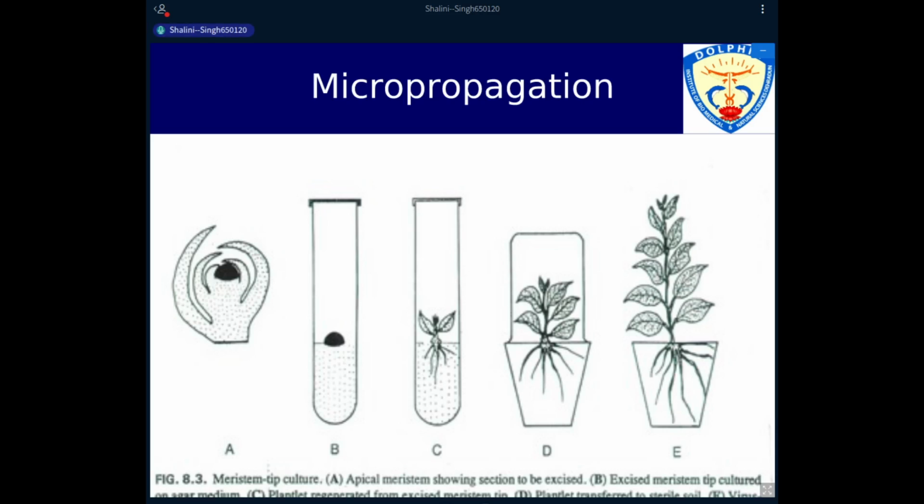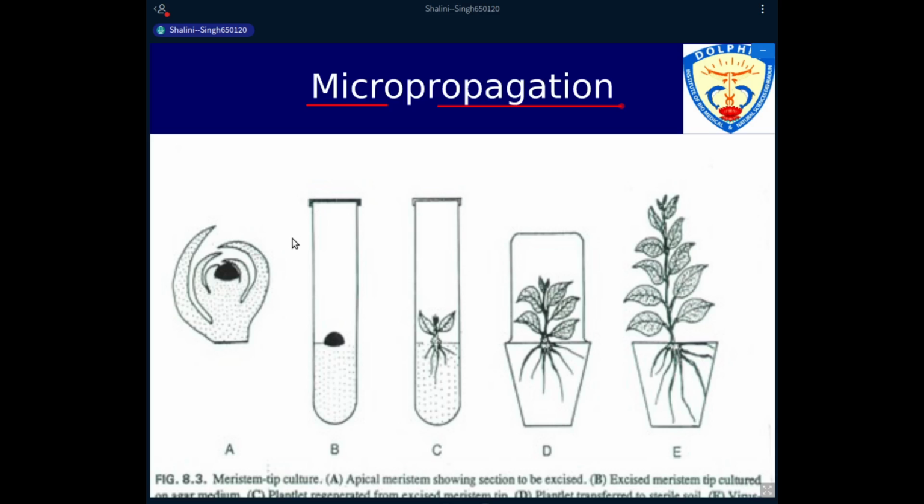So this is micropropagation. Micropropagation, as the name says, is of two terms. One is micro and second is propagation. So what do you understand by propagation? Propagation means multiplication of plants, how you cultivate the plant.